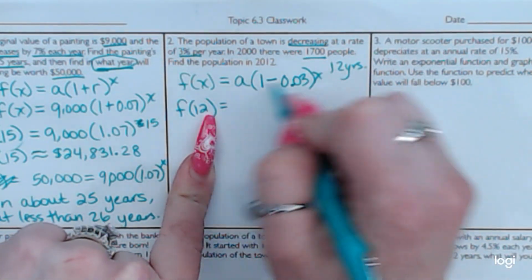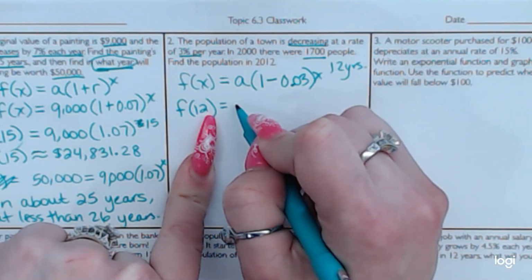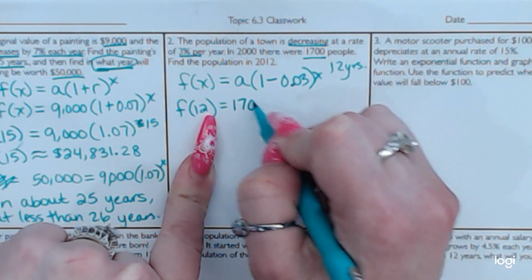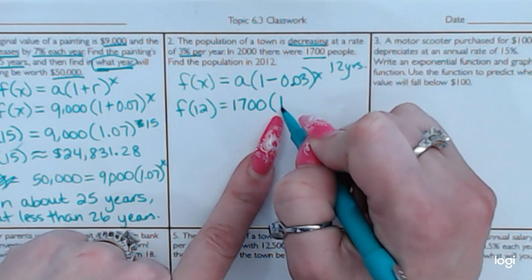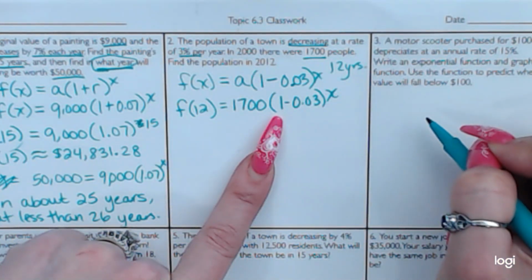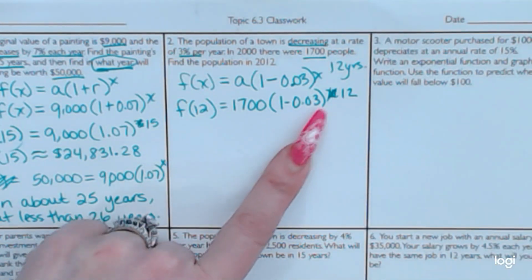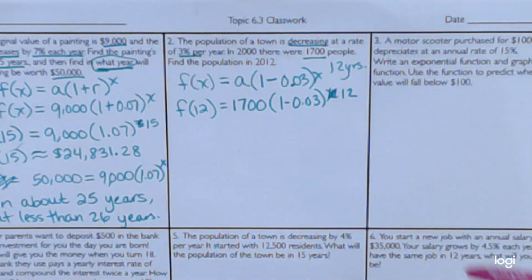Oh, we forgot to put our initial value in here. That's okay. We'll replace it. So we have 1,700 times 1 minus 3% to the power of x, but x is 12. So we're going to compute that in the calculator.